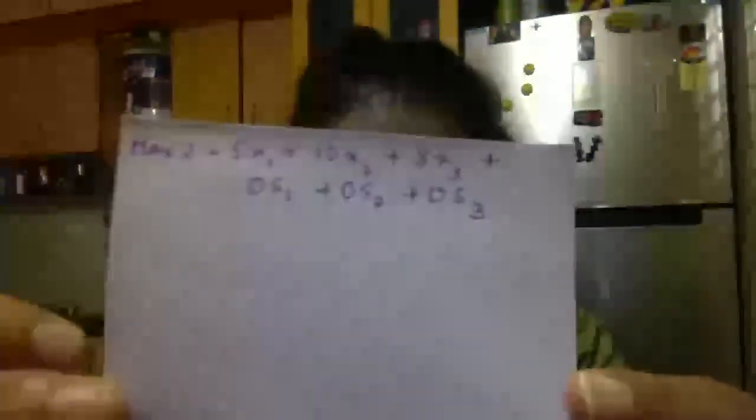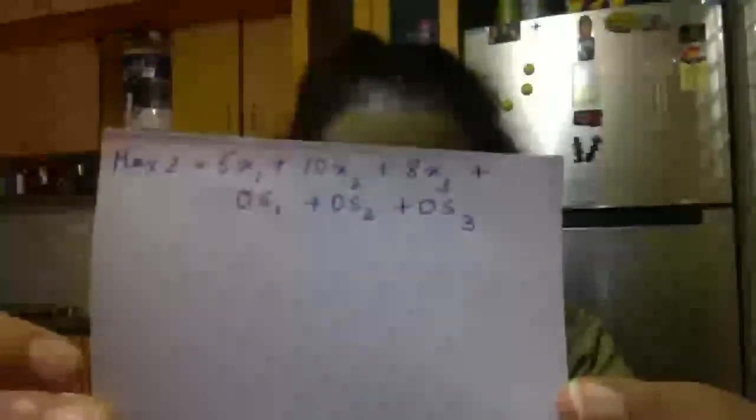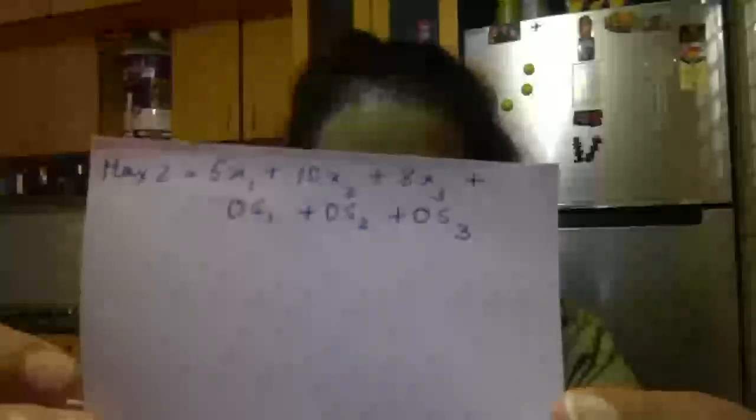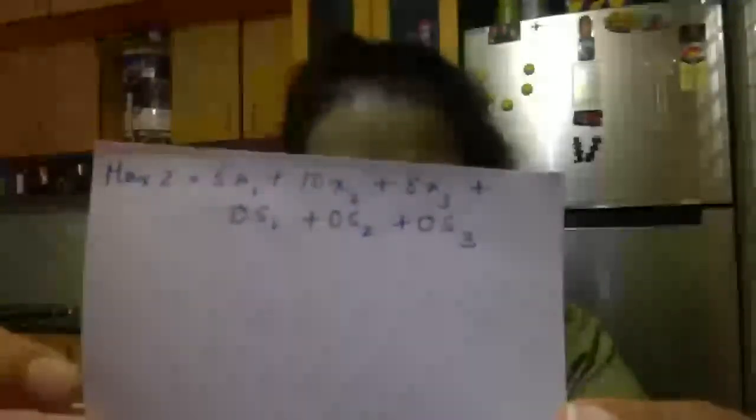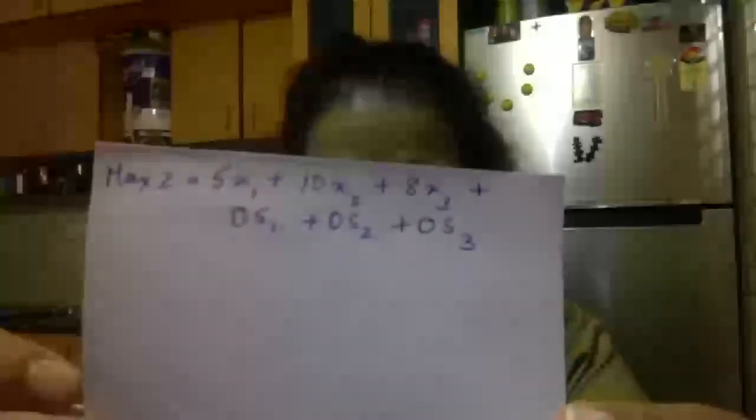If I don't use small papers, I'm not able to show you properly. I'll write it small, but when it comes to the camera, it will not look so small. Also remember to make the inequalities into equalities. This is my equation: 5x1 plus 10x2 plus 8x3 plus 0s1 plus 0s2 plus 0s3. It's not O, it is 0.